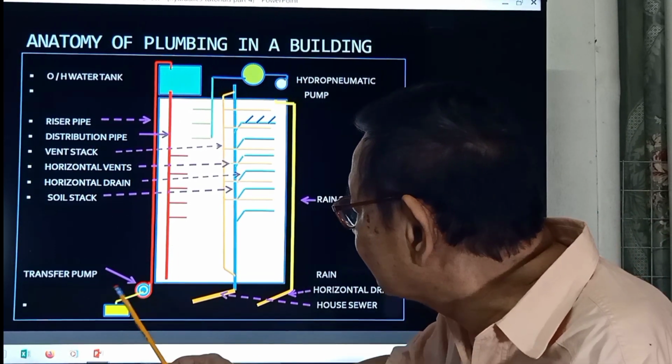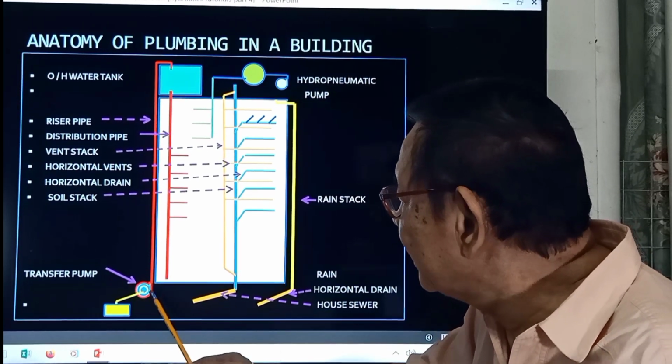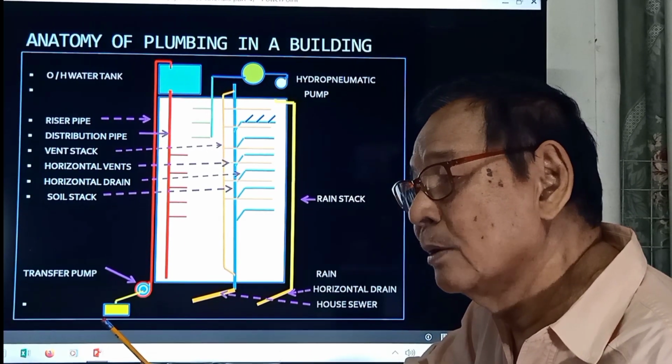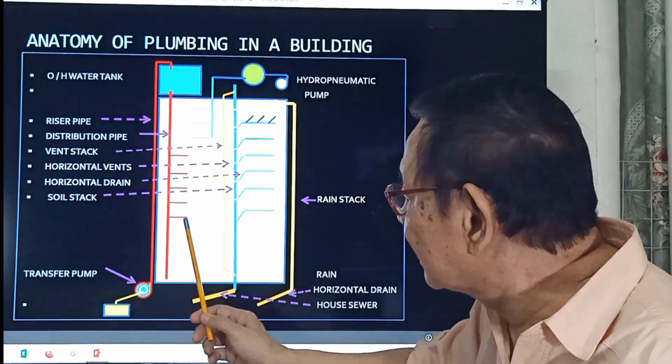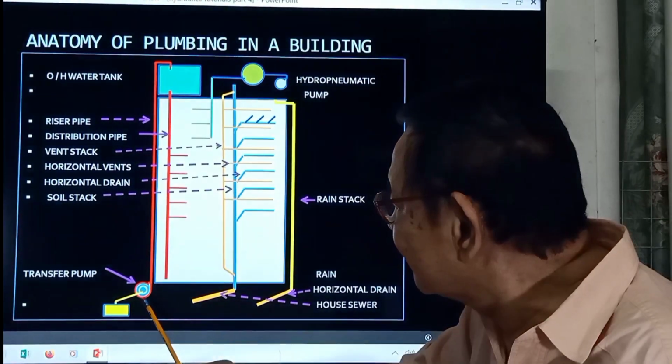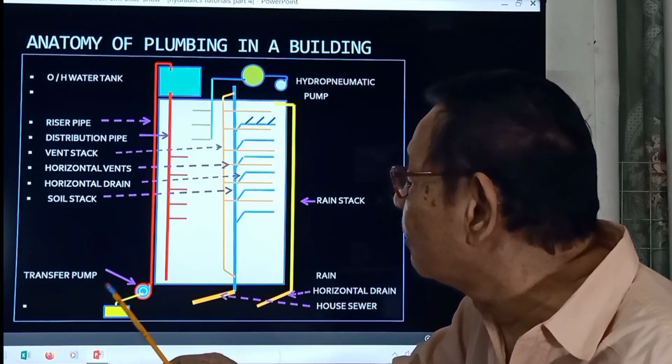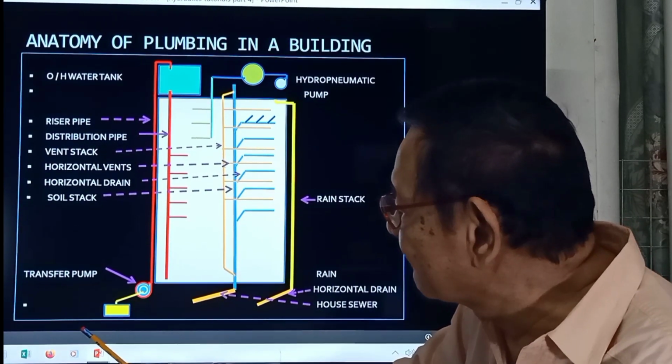Itong transfer pump natin, normally, 2-3 ito. Although isang riser pipe lang. Itong 3 o 2 transfer pump, they are all in automatic operation.